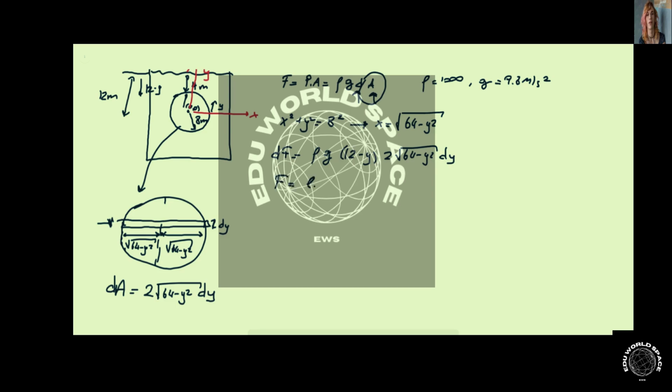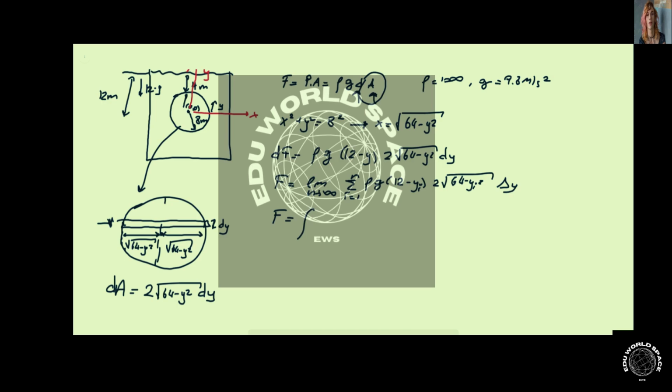So the total F would be the limit as n approaches infinity of the summation over i from 1 to n of rho times g times (12 minus y_i) times 2 times the square root of 64 minus y_i squared times delta y. We can write this as an integral.